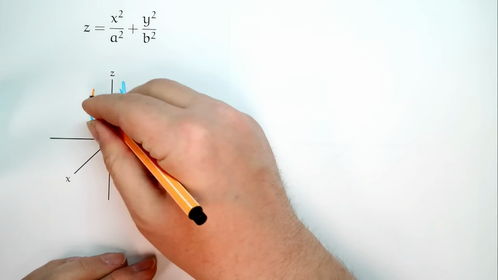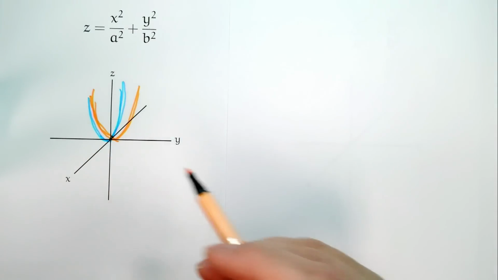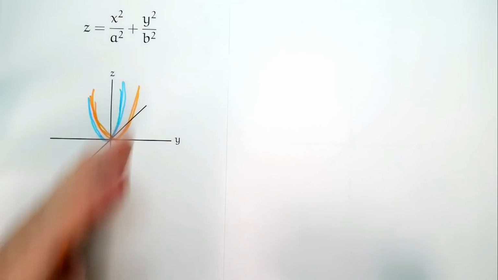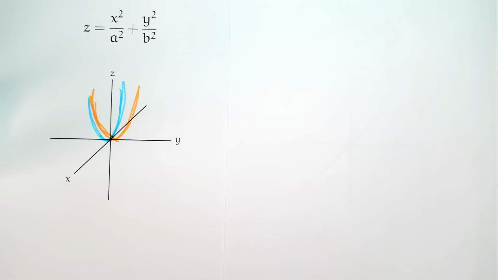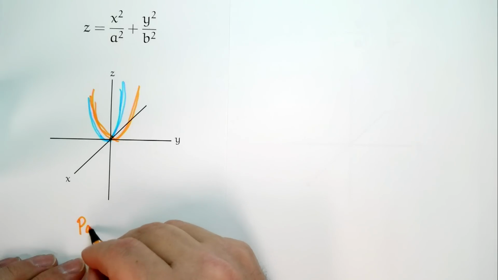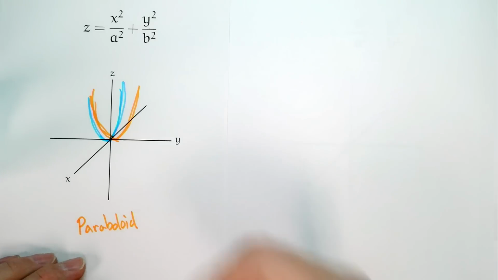So again, these pictures can be a little bit confusing, but the blue is slicing where I'm hitting y equals 0. The yellow is x equals 0. And I see the shapes I'm forming here are parabolas, and so you can sort of see where we're going. This is going to be called a paraboloid. Okay, so we're making paraboloids.